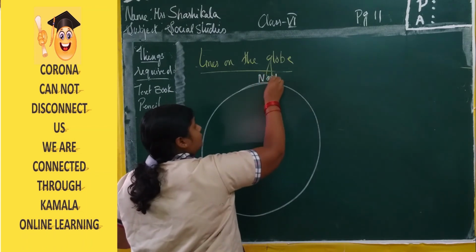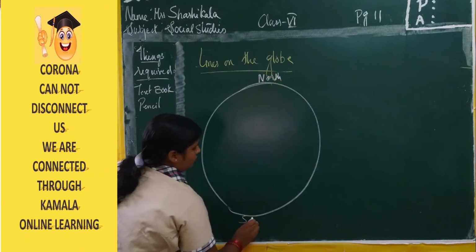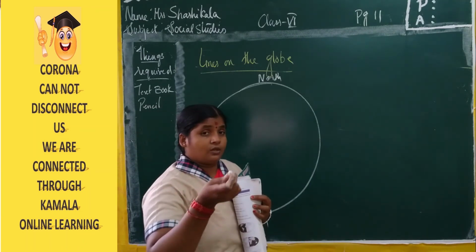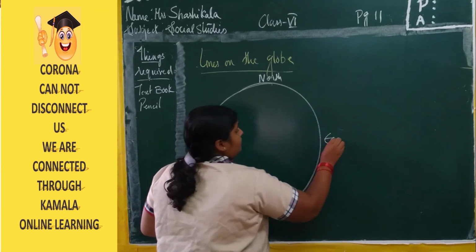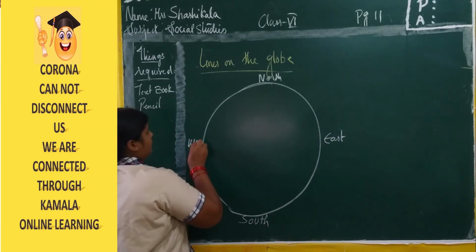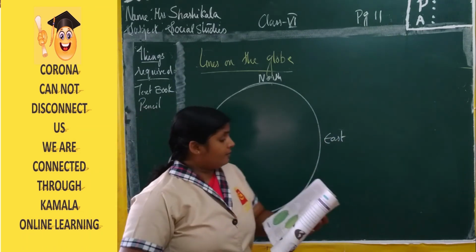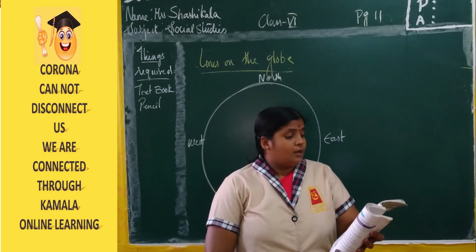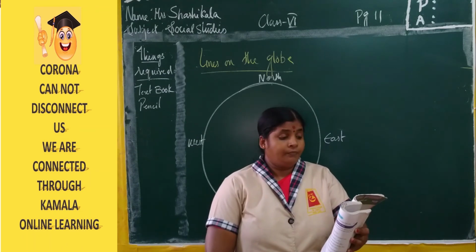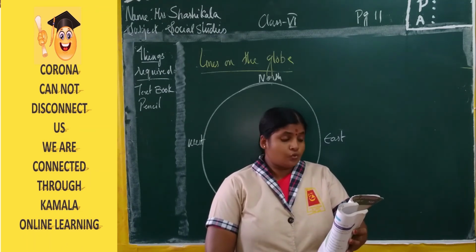North, south. When we are looking up, our right hand shows which direction? East. And opposite to east, we have the west. Now, some lines run from the north pole to the south pole and others run from west to east.